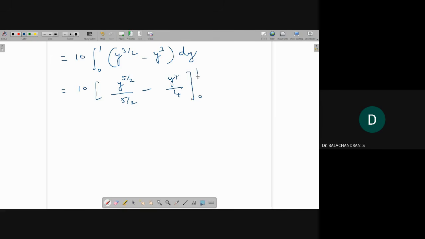Limit is from 0 to 1. So 10 into, you should substitute 1. So 1 by 5 by 2 is nothing but 2 by 5 minus 1 by 4. Lower limit is 0. So 10 into, take 20: 8 minus 5. So you get 3 by 2. This is the right hand side.